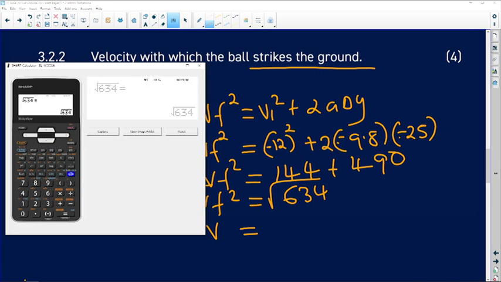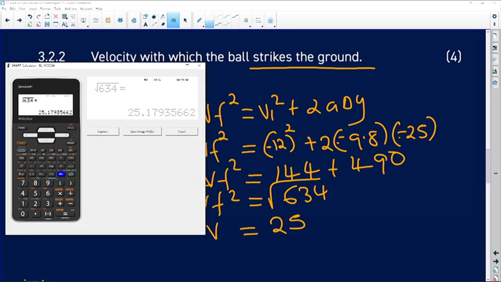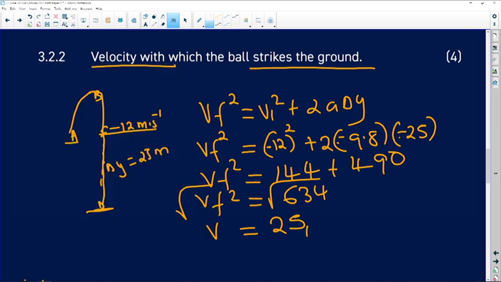We go back to our calculator so we can take the correct answer there. 25,2 or 25,18. So we can say 25,18 meters per second. Don't forget that it's a vector quantity. So we can say downwards.